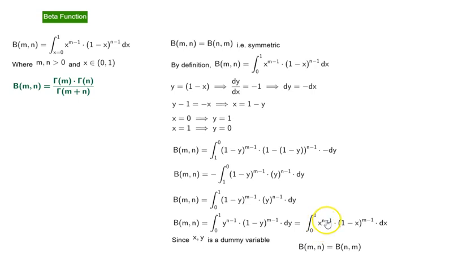And here we have x to the power of n minus 1 times 1 minus x to the power of n minus 1. Here we have 1 minus x to the power of m minus 1. So we have this symmetric nature of beta function. So that was one interesting point.